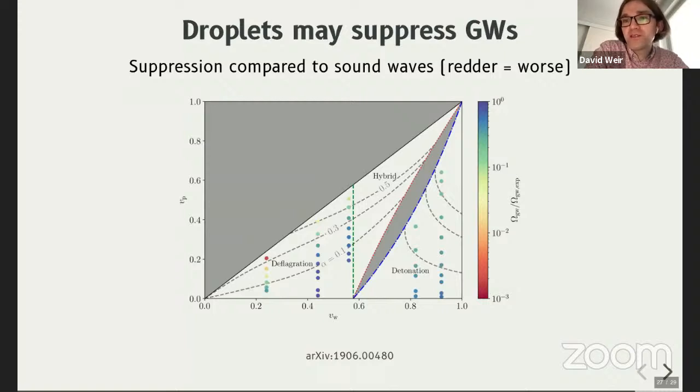Based on our earlier work, we think that this represents potentially as much as a factor of 1,000 suppression of the gravitational wave signal in this scenario. So if your hopes are resting on a gravitational wave signal being detected here, that's quite alarming. We want to make sure we understand that properly, which is why droplets are now an interesting thing to look at.